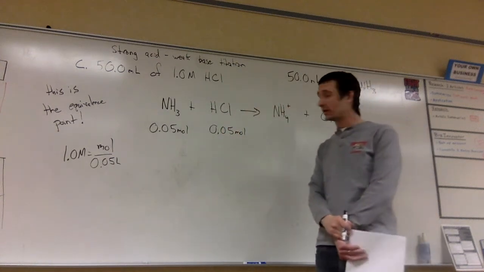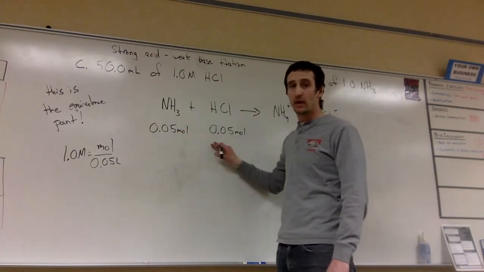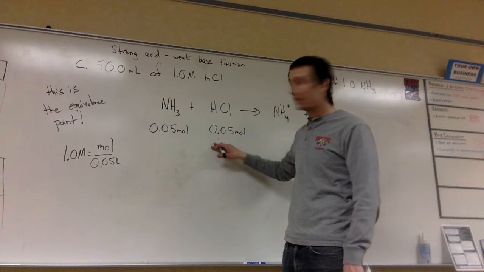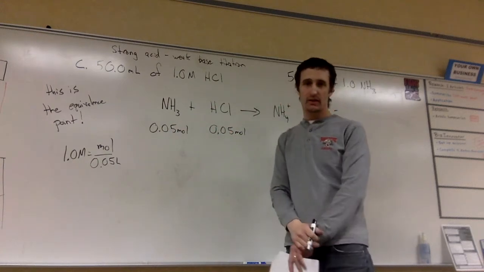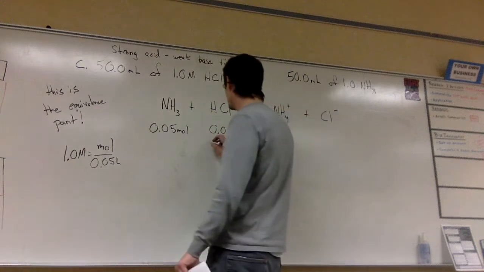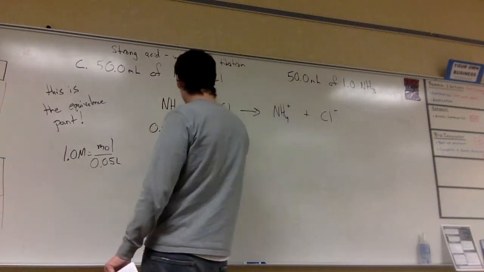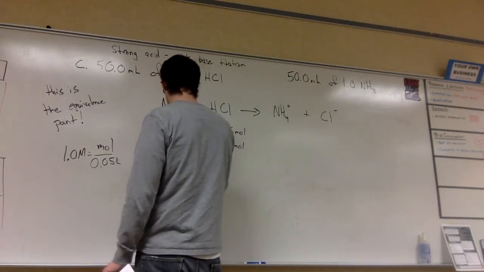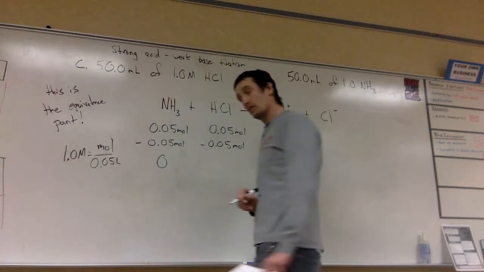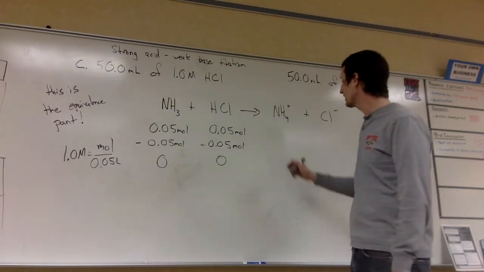And that's important because now we know that we're at that 1-to-1 ratio. So every bit of ammonia has reacted with every bit of HCl. So all of the HCl has been used up. All of the ammonia has been used up. So we've got no ammonia left. We've got no HCl left.